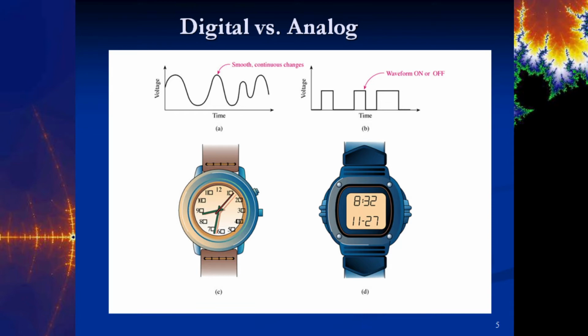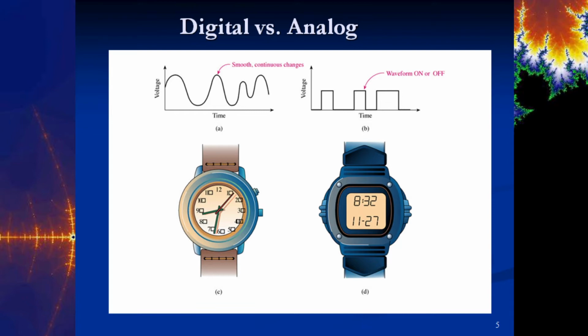But it's 8:32 and the date is 11:27, and those things are generated, as you know at this point, by counters. You represent the voltage as either a high or a low. Okay, here, continuous smooth changes with the analog signal. There is no sampling going on. For every point in time here, there's a voltage that's analog.